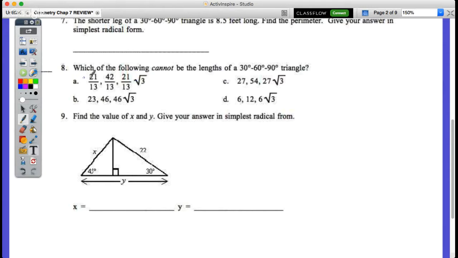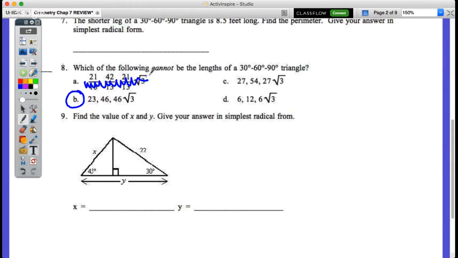And if I took 21/13 and multiplied it by 2, it would be 42/13, right? They want the one that cannot. If the short side is 23, then the side opposite the 60 should be 23 radical 3. So it's B that cannot be a 30, 60, 90.